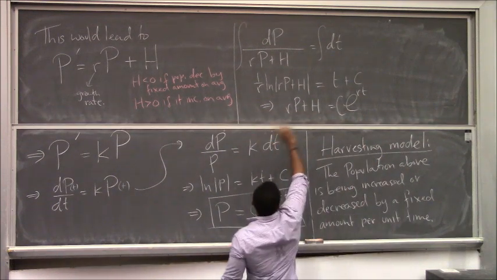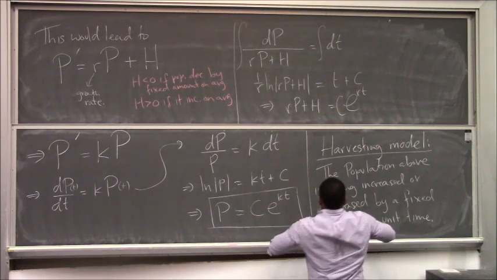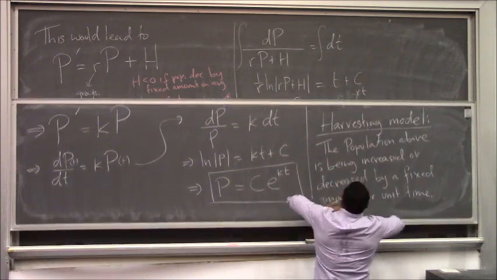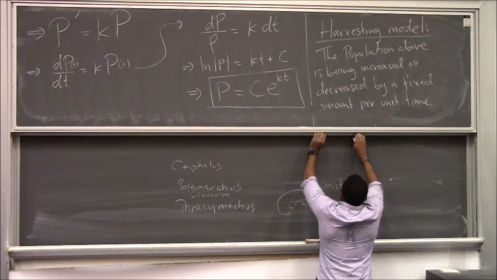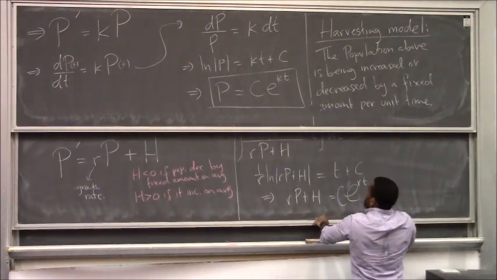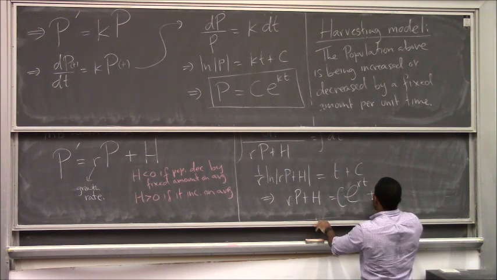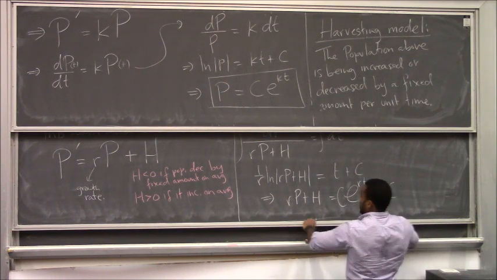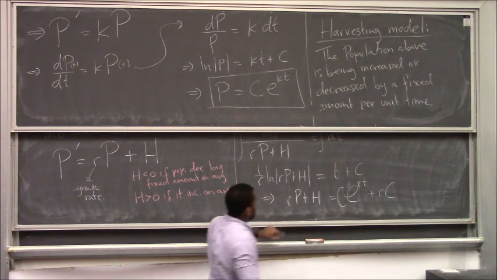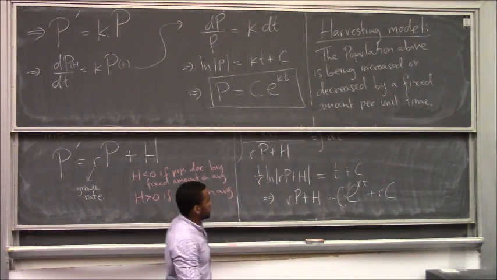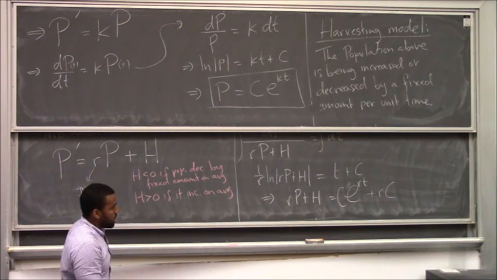Right? So I multiply both sides by r, including the constant c. I had other options too. I could just move this up here, but I decided to multiply both sides by r.